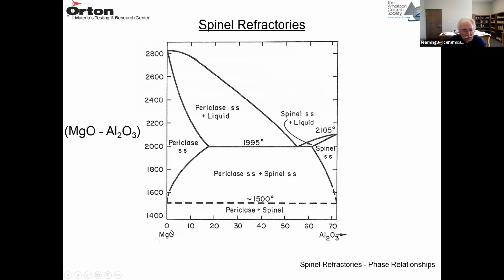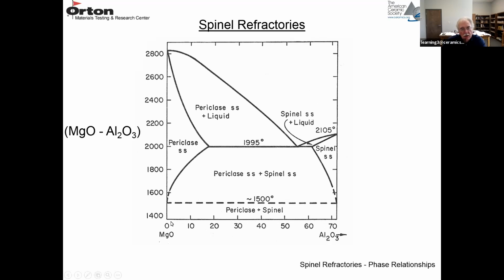So this is part of the MgO Al2O3 phase diagram. This is 100% MgO on the left and 70% Al2O3 on the right. And the right vertical axis is stoichiometric spinel. So we're just looking at the MgO rich side of spinel right now.